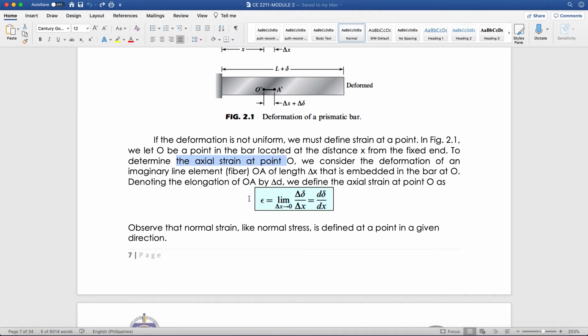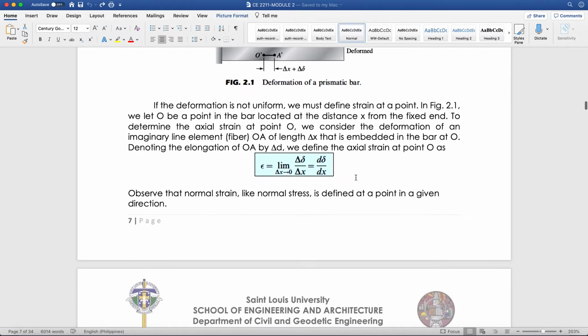Again, this equation is good if our cross-sectional area is not constant.